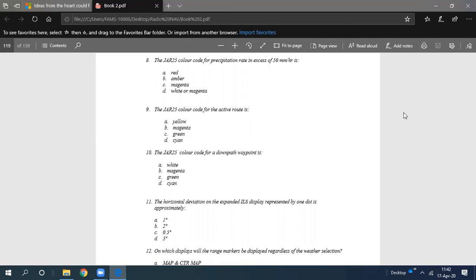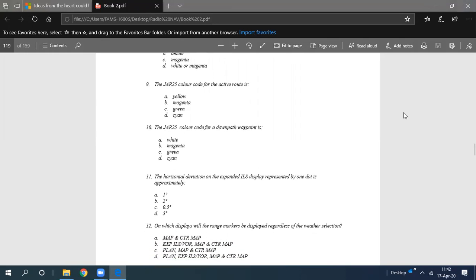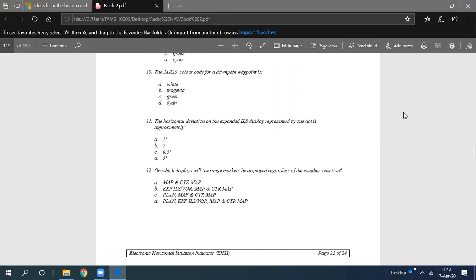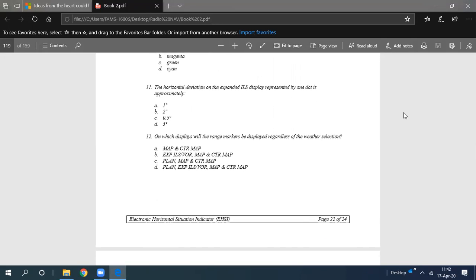Is question number 10 answer alpha white, right? Question number 11, please. The horizontal deviation on the expanded ILS display represented by one dot is approximately Charlie 0.5.